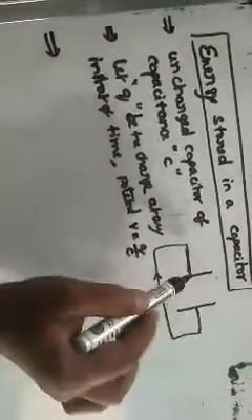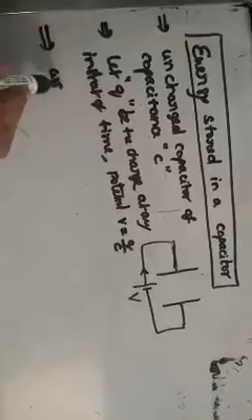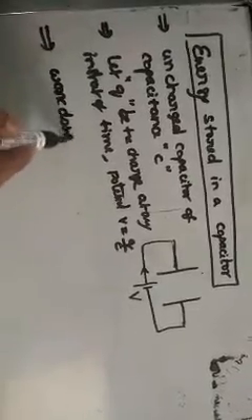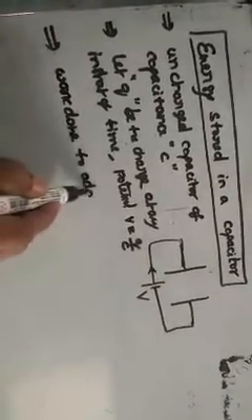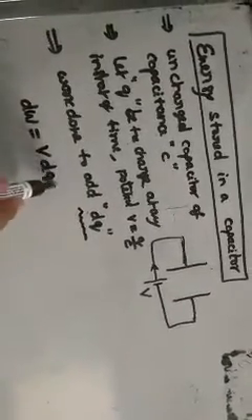Now my question is, a small amount of charge q has come. Now I want to add additional charge dq. The work done to add the additional charge dq is small, since it is a small amount of charge. dw is equal to v into dq.